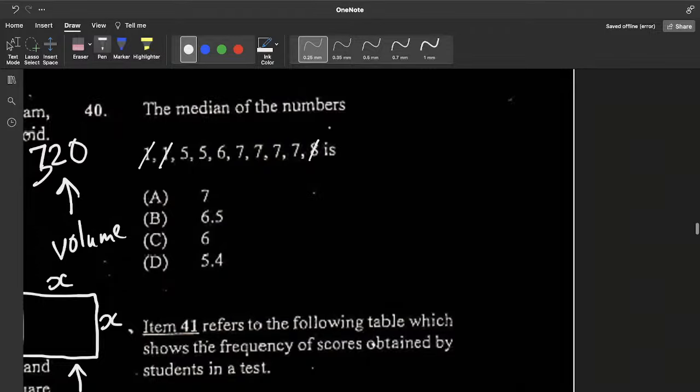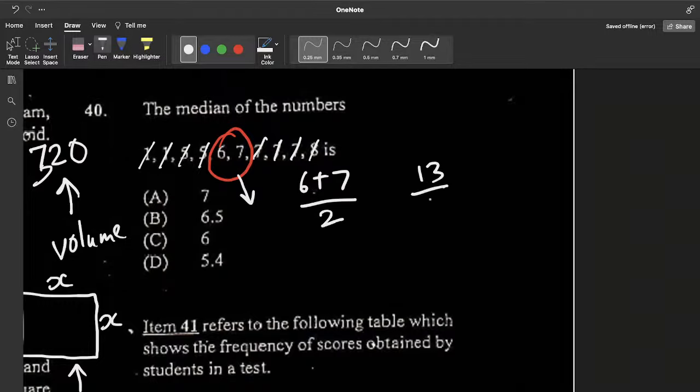We do that again, beginning, end, beginning, end, beginning, end. So now we realize that we are stuck with two numbers in the middle. To figure out the median, we have to figure out the average of these two numbers, which would be 6 plus 7 divided by 2. Now 6 plus 7 is what? 13. So 13 divided by 2 would give us 6.5. So the answer is 6.5.